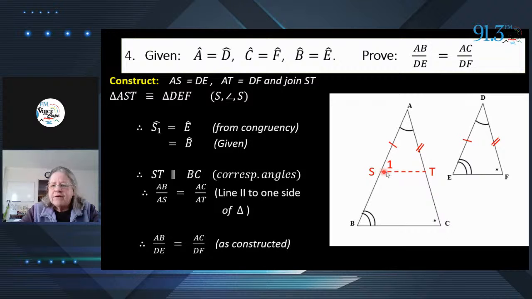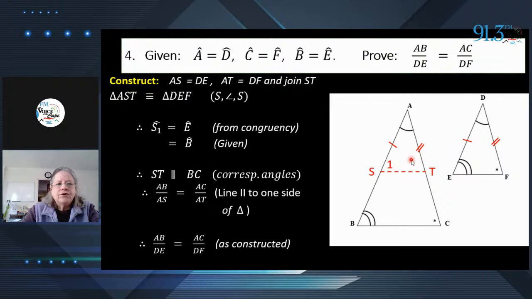But now we just have an arbitrary line here. So to use the theorem, we need to prove somehow that this line is parallel to that line, because then we can use the previous theorem to make a conclusion. Now, once we've constructed it, we need to show that this small triangle, AST, is congruent to DEF.